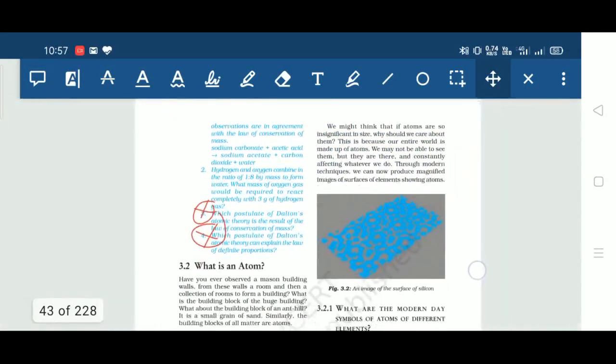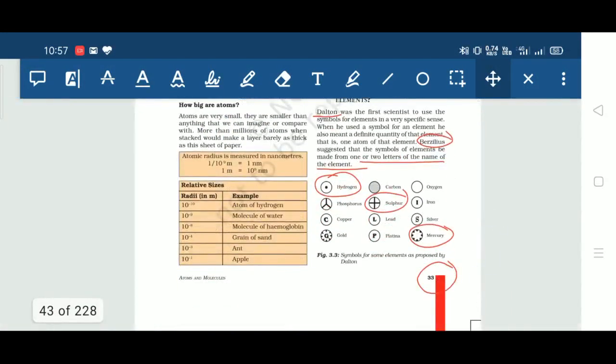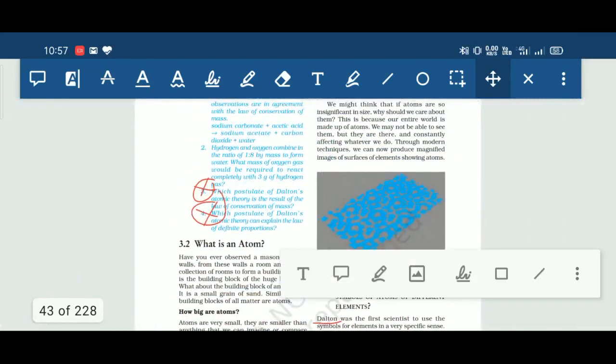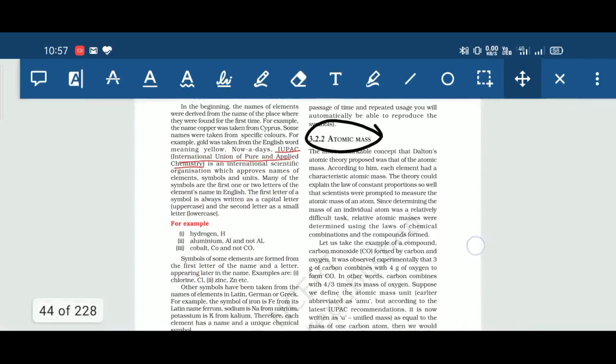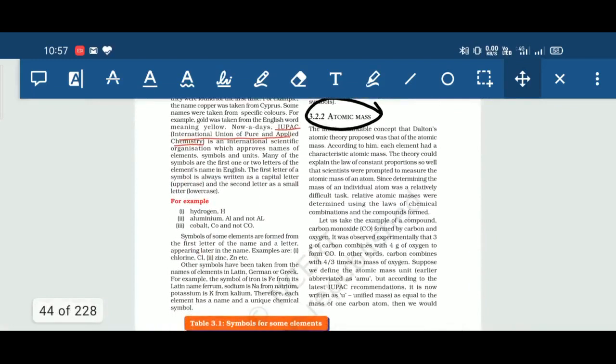So are the questions 3 and 4 on page number 33. Moreover, topic 3.2.2 atomic mass, this we will study later on. It will not come in October exams. Rest, everything from page number 31 to 39 will come in October exams along with first 5 questions from back exercise.